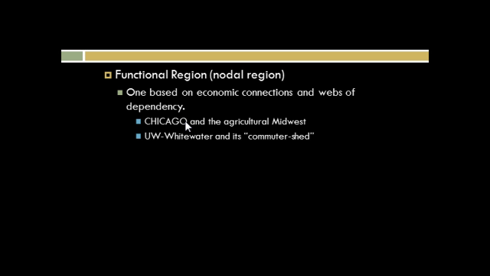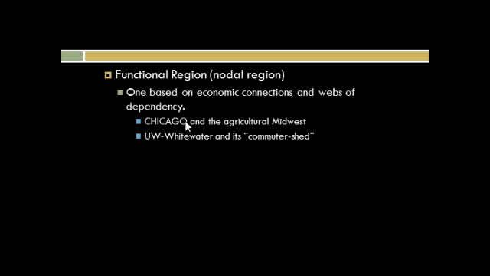Well, how is that? Well, for one, it's in Chicago where you have the commodities exchange, where they basically determine and set the price of corn, the price of soybeans, and a variety of other agricultural products. And what this means is that the farmers of Nebraska and the farmers of Minnesota are connected to and dependent upon decisions that are made in Chicago.